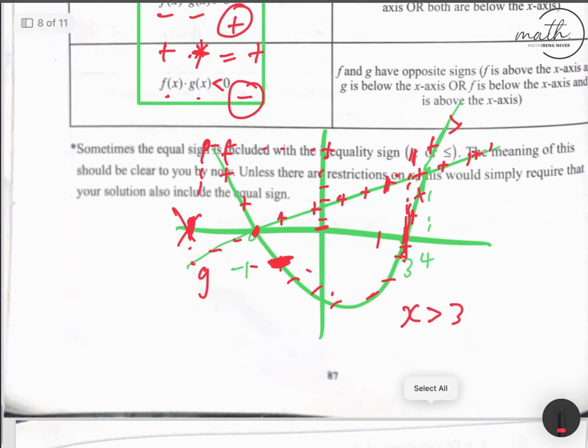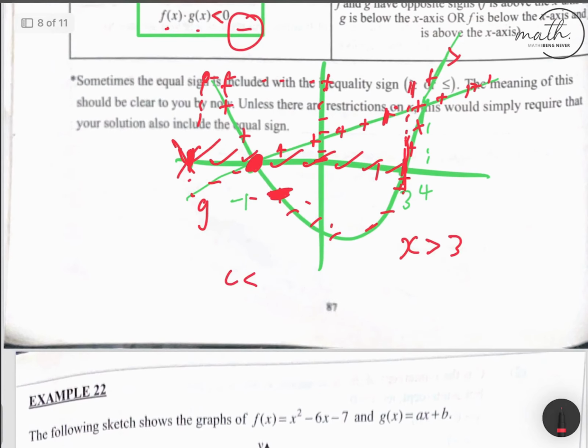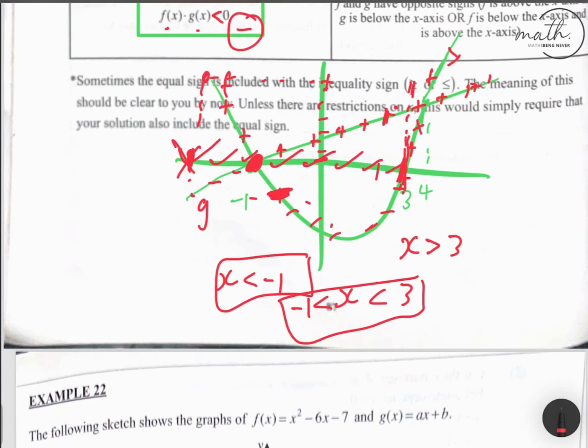So in this case, it's going to work here, here, and here, and not work where it's not less than 0. Here it's going to be 0. So x is less than negative 1, and x is also between negative 1 and 3. So in this case, it will be those answers.